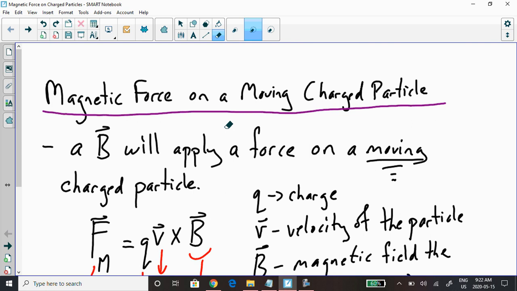I don't know if you remember this demonstration from grade 11, but that's what happened. The wire moved when there was a force. And depending on the direction of the magnetic field and depending on the direction of the current, the wire would either be pushed one way or in the opposite direction.